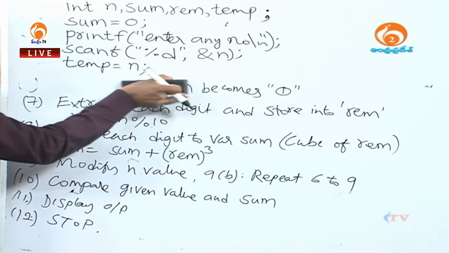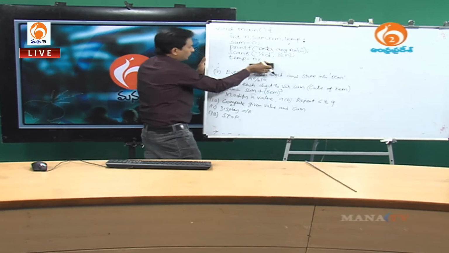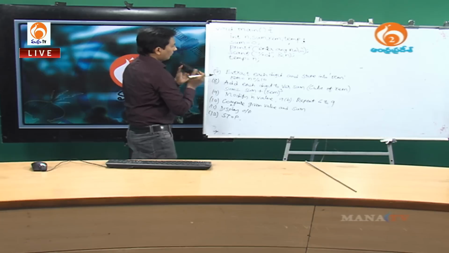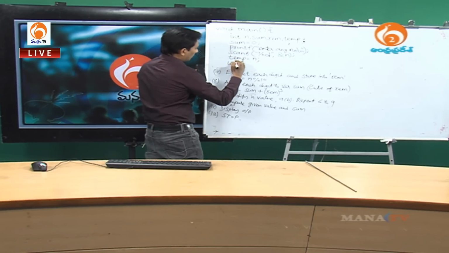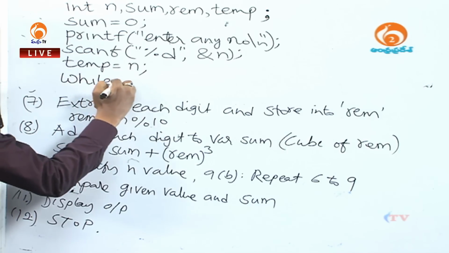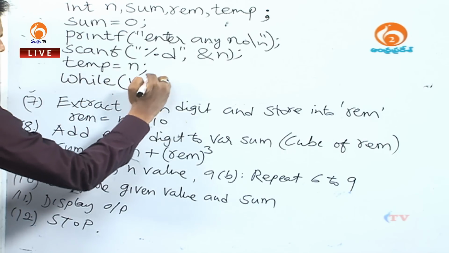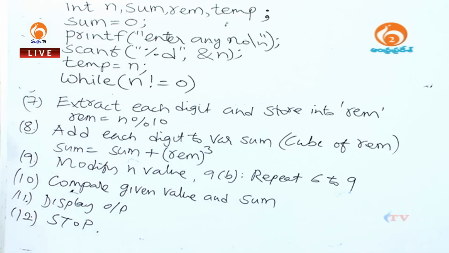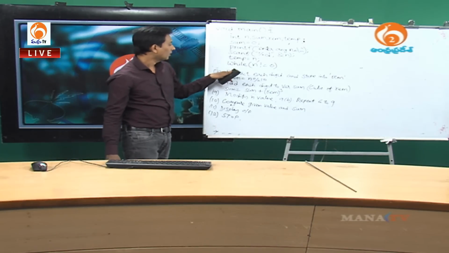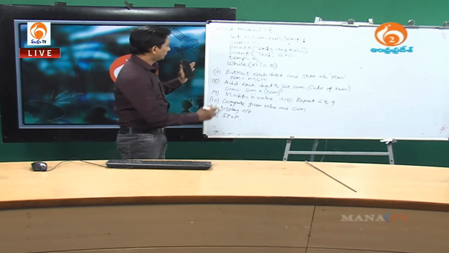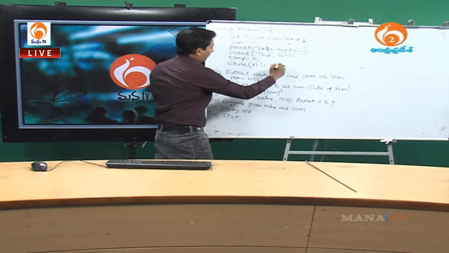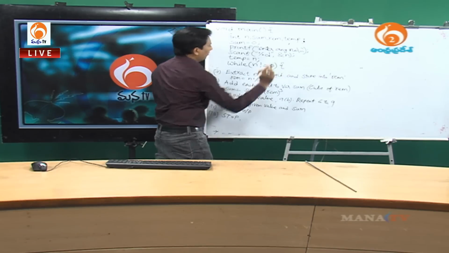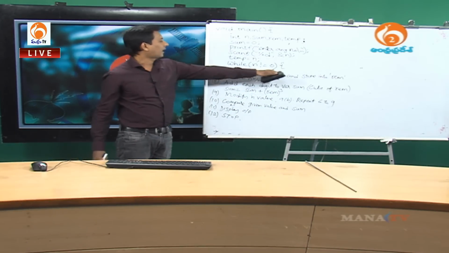Execute loop until n becomes 0: while n is not equal to 0, or n greater than 0, you can also write that, it's nothing wrong. Next, beginning of the while loop.